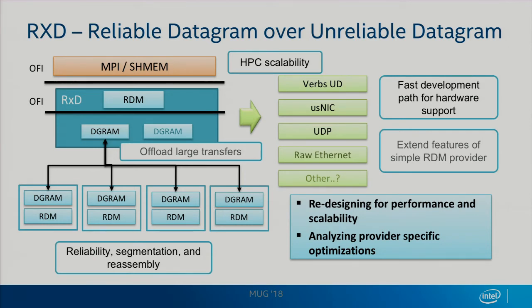Like the Verbs UD, or in the case of the Cisco usNIC, which is simply a UD NIC, or simply like a UDP socket. So you could have the same RDM, like this RxD component, sit over multiple of these fabrics. It doesn't really expect to see a Verbs UD. It can run over other types of UD as well.